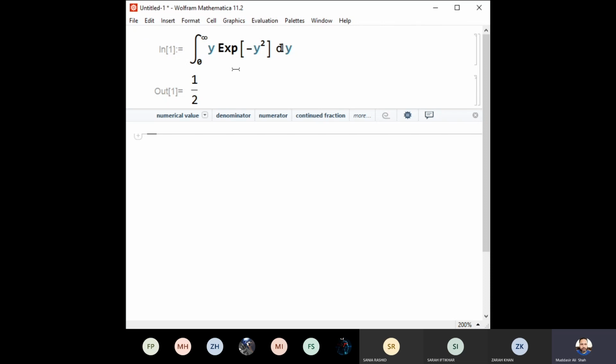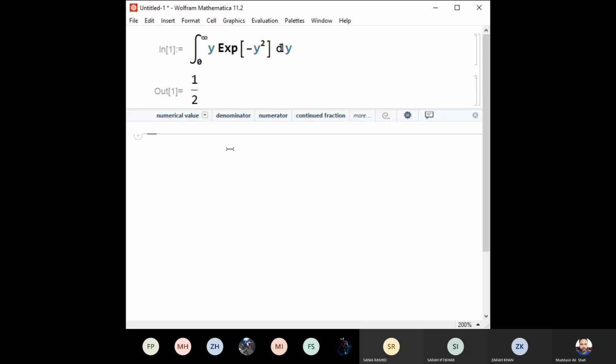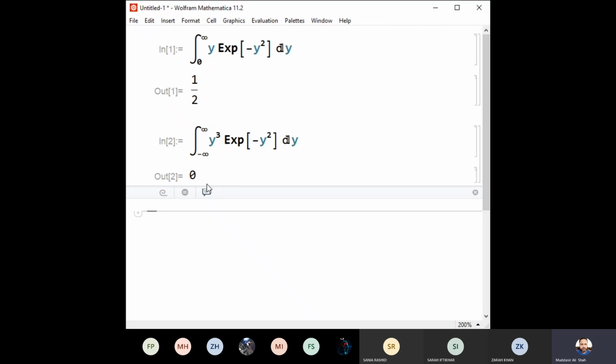So this is the quantity that I'm going to use, as previously I have used another integral, which is y cube exponential minus y square, from 0 to infinity.